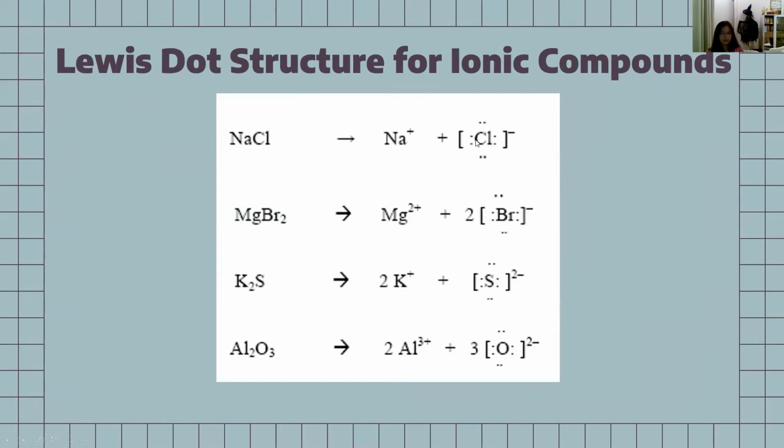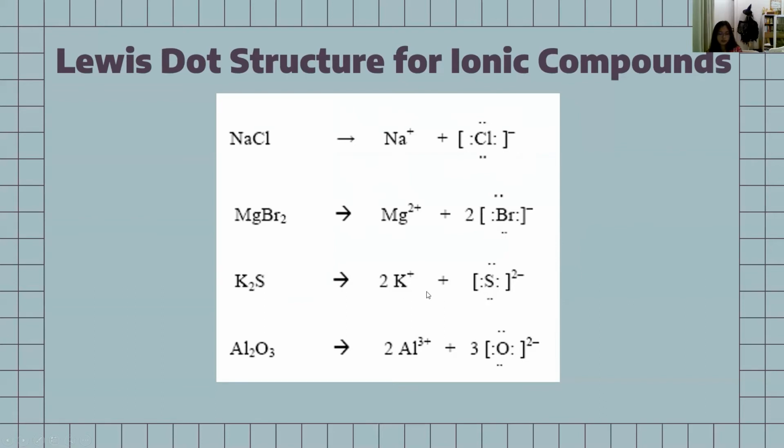Next example is NaCl. So Na is +1 and Cl is negative 1, so if you cross multiply it will also be NaCl. And then MgBr2, Mg's charge is +2 plus bromine negative 1, and if you cross multiply it becomes MgBr2.